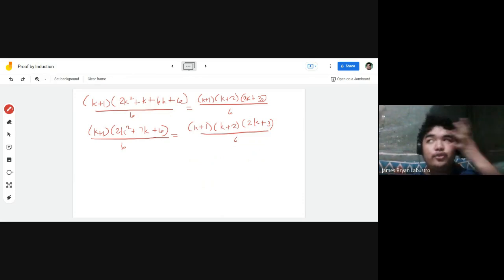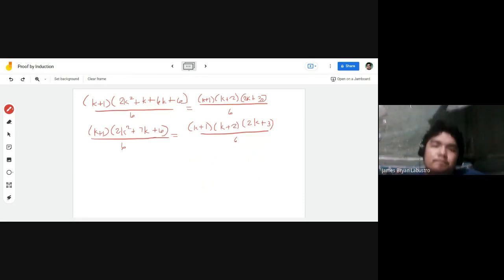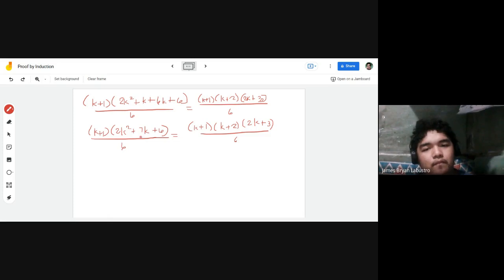Okay, so to factor this, the factors of 2k² + 7k + 6 will be (k+2) and (2k+3).